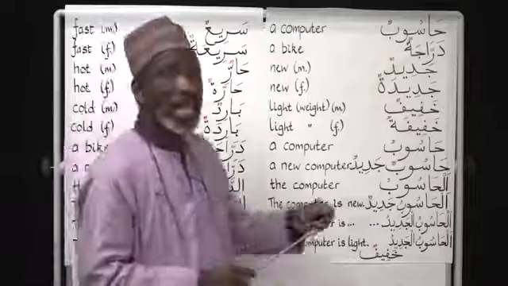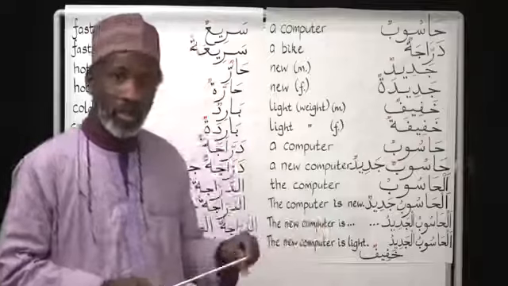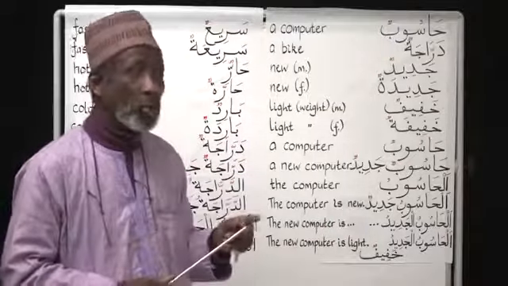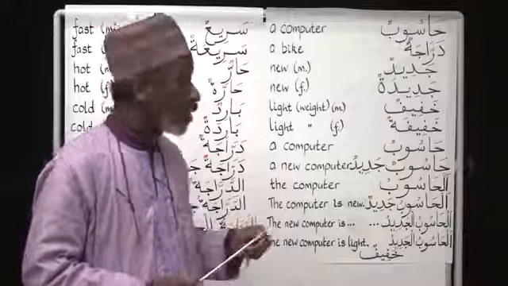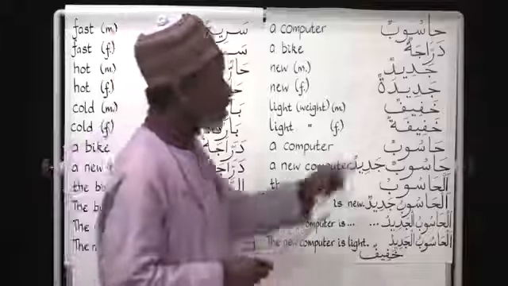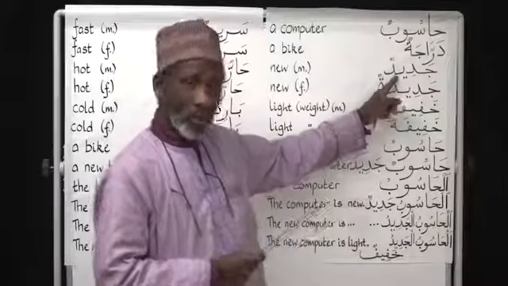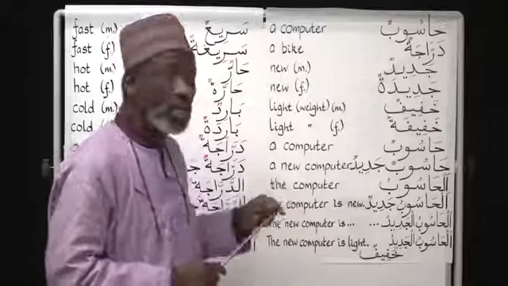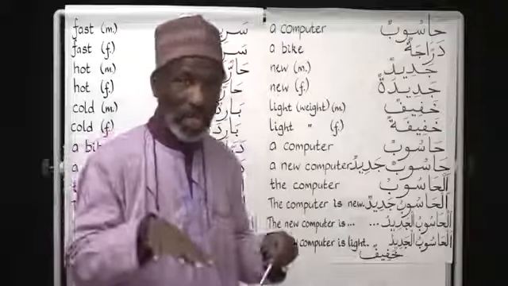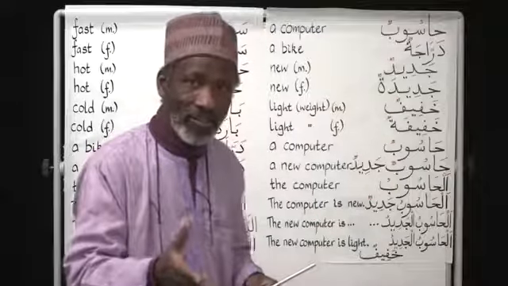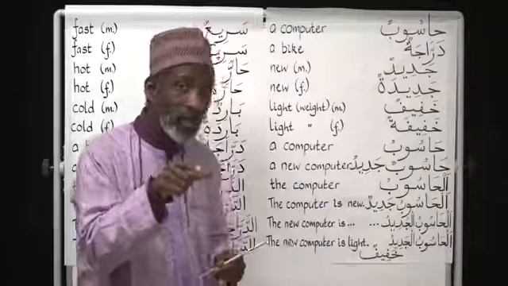For instance, they will say hasub, rather than hasubun. But if it is ta marbuta, you hear daraja, and jadid, like a sukun, jadida. But as a learner, and in my class, I'm afraid, I want you to pronounce all the endings, because a lot is riding on this one.